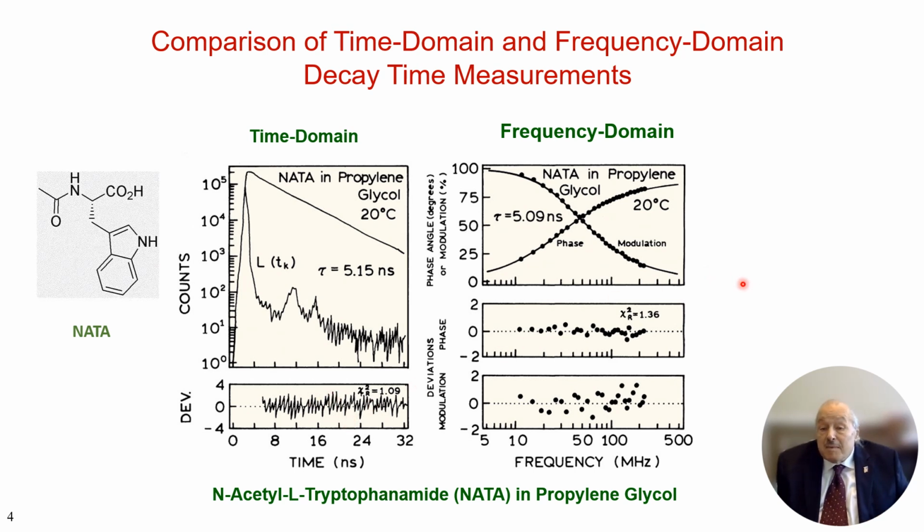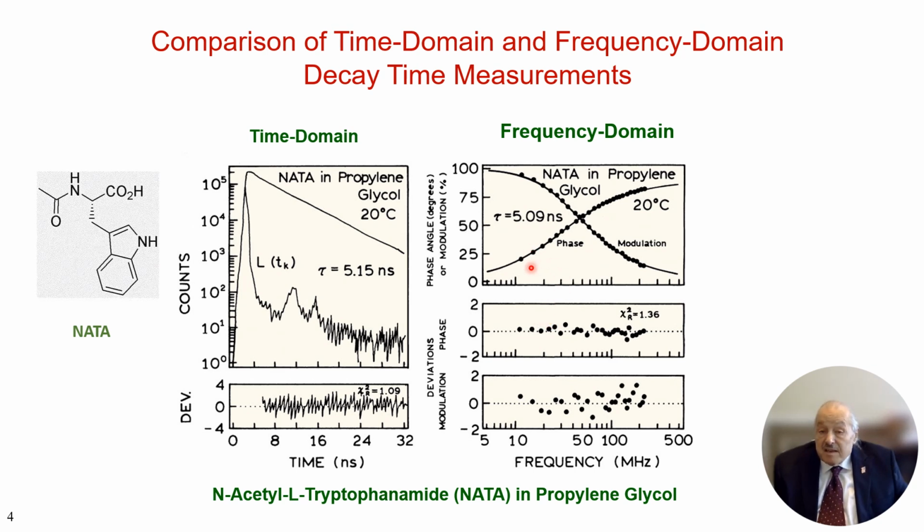In the frequency domain, the data, in a sense, look the same to me because I've done this so much, but perhaps not to you. In the frequency domain for NATA, we see a phase angle that is increasing with frequency, and a modulation that is decreasing with frequency. The dots are the data, and the line is the fitted curve. And underneath that, we have two deviation panels because we have two types of data.